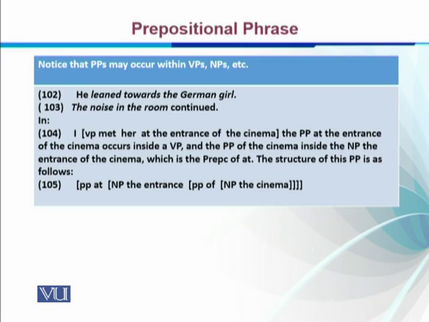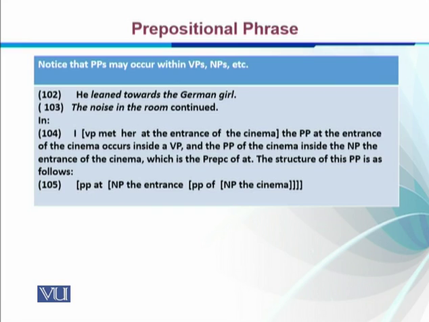I met her at the entrance of the cinema. So we have a verb phrase, met her at the entrance of the cinema. The prepositional phrases at the entrance and of the cinema are within the verb phrase, right? So we can have it as one of five. The prepositional phrase at has a noun phrase, the entrance, and then another prepositional phrase within it, which is the subordinating phrase, preposition of, which has a noun phrase, the cinema.